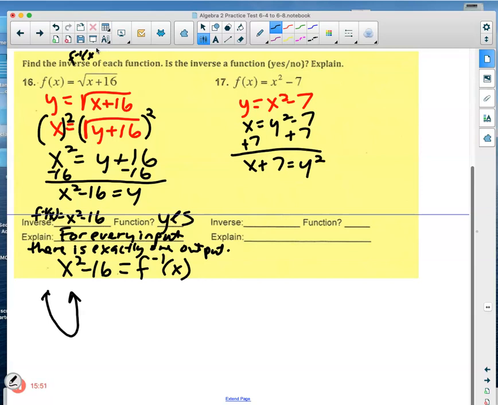Oh, something we have to remember. Whenever our arm does this motion, right, with the square root, fourth root, any even root, what do we have to make sure we do? Oh, yeah, we need a plus or minus on there. And again, I'll write it with the fancy name.